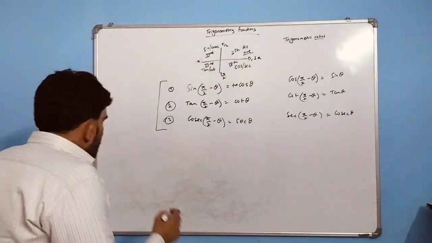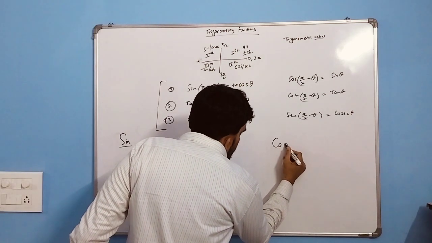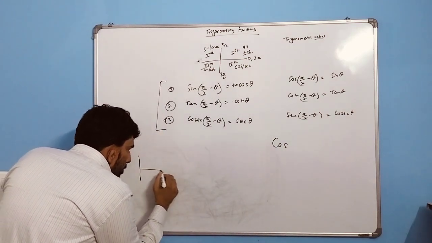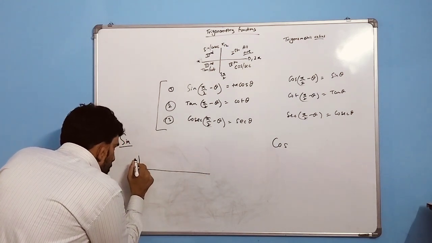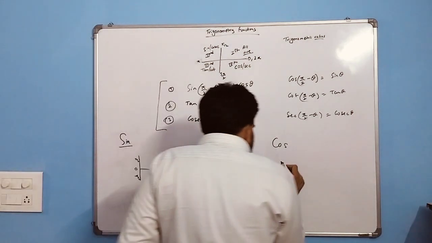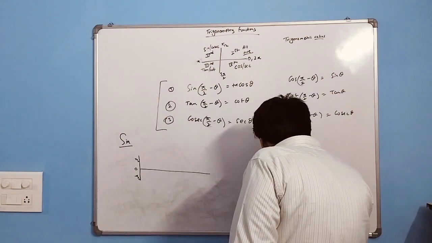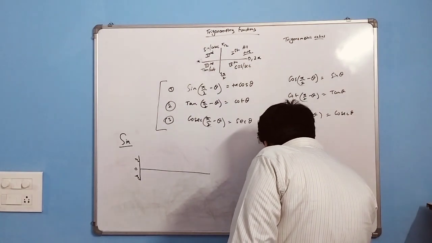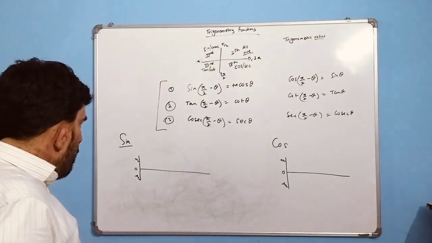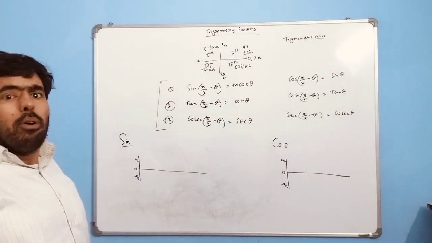Let us try to observe how sine and cos look in a graph. We mark 0, 90 and minus 90. Now we know that sine 0 is 0, but at sine 90 we have the maximum value of sine, that is 1.